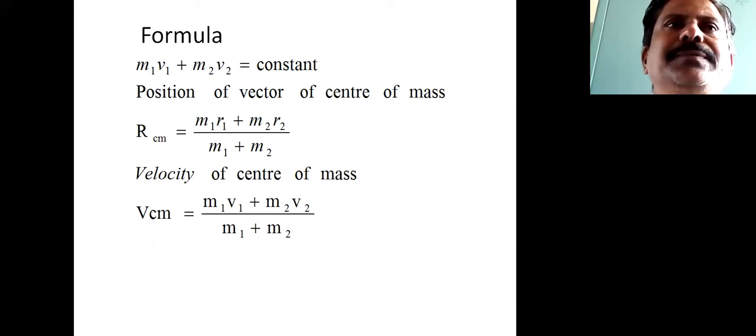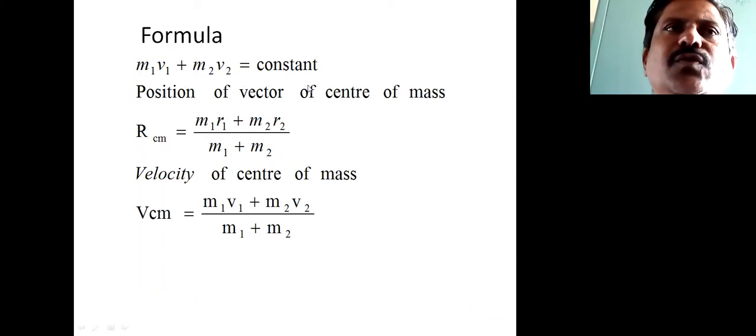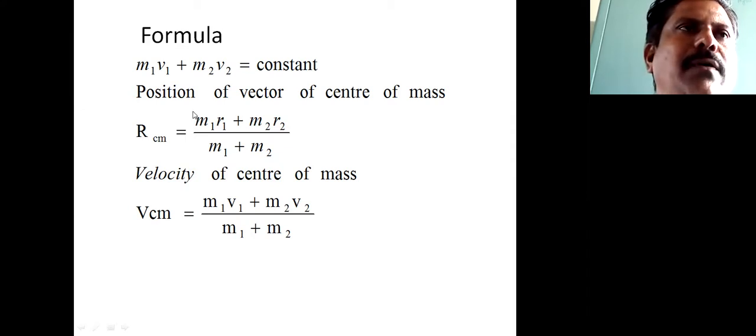So we know that the conservation of linear momentum is m1 v1 plus m2 v2 equals a constant. And also we have discussed the position vector of the center of mass of that system.